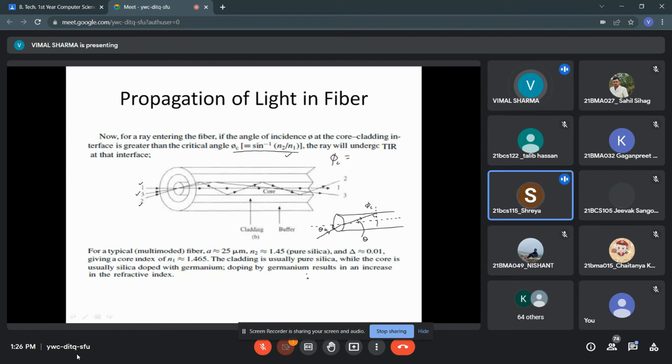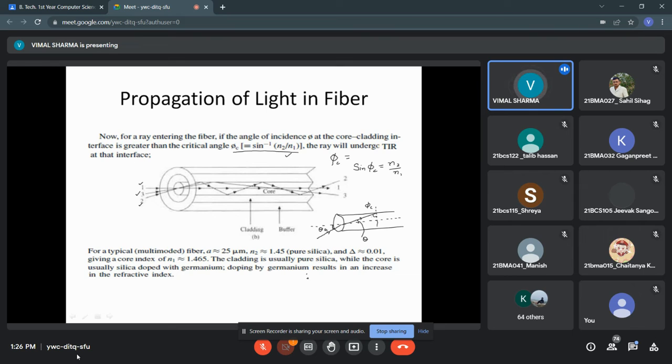What angle is it? It is 90 minus phi c. Or we can say that sine phi c is n2 over n1.